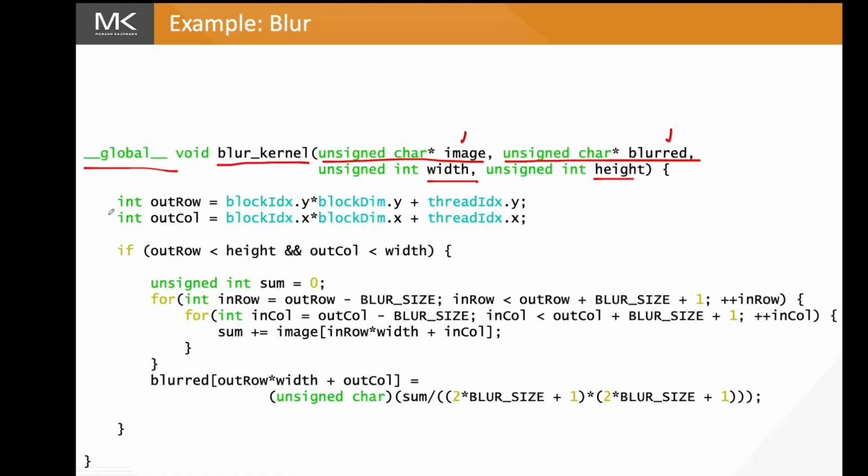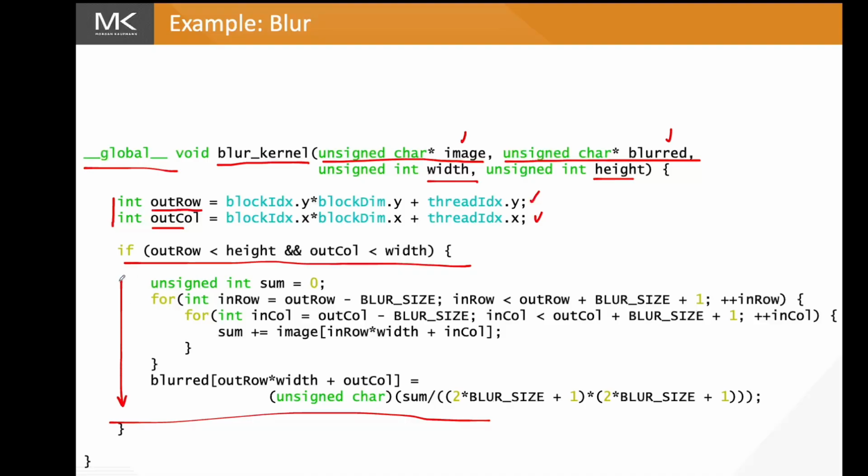Similar to what we saw before, we need to compute the global row index and the column index. Because we are working with the output image, we assigned one thread for each pixel in the output image. So we just named them out row and out column, but they're basically the same thing, right? Then we use this boundary condition to stay within the image, which is also similar to what we had before. And here is the logic for this kernel.